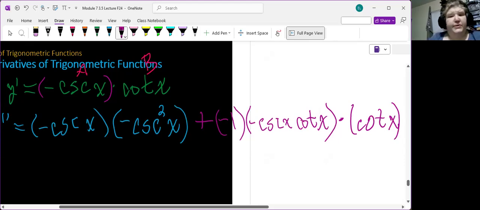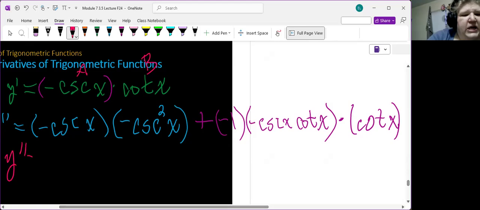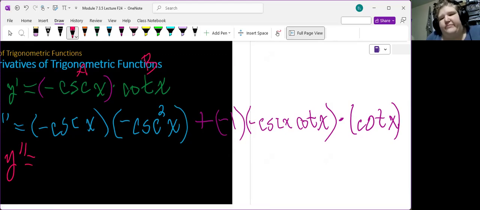So a lot going on here. Like I said, this is the easiest to grade, but WebWork loves to be like, I hate you, give me something else. So here, negative times negative, at the very least, like we can clean up the signs because that's just a little bit of work. So negative times negative is positive, and then cosecant times cosecant squared, well, that's just 3 of them being multiplied.